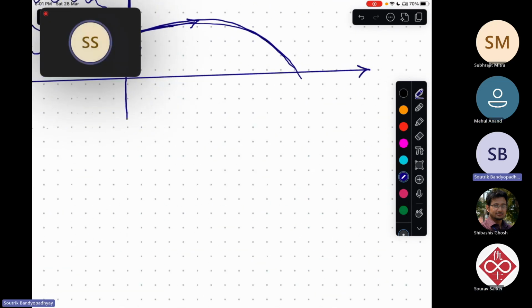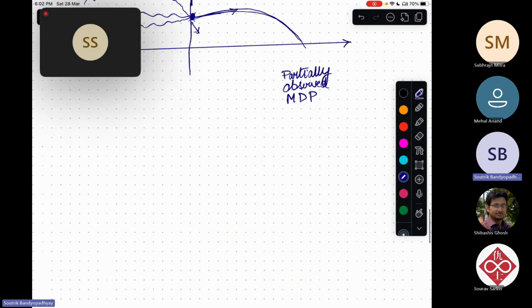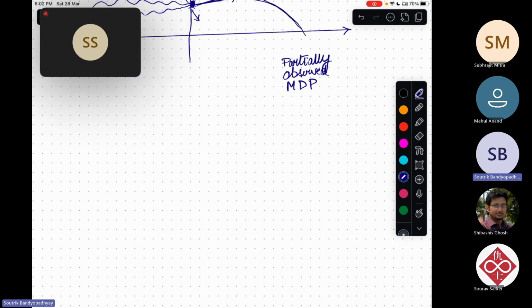There is a special class of Markov decision processes which are called partially observed Markov decision processes, or POMDPs. There are many real world examples where we don't have access to the full state.